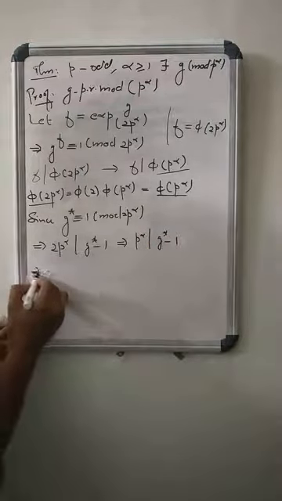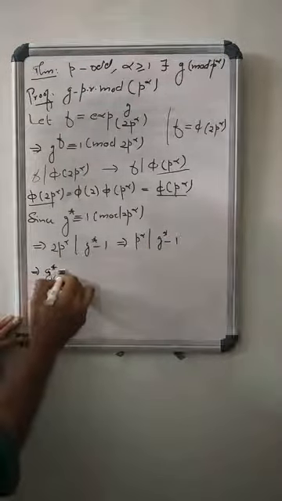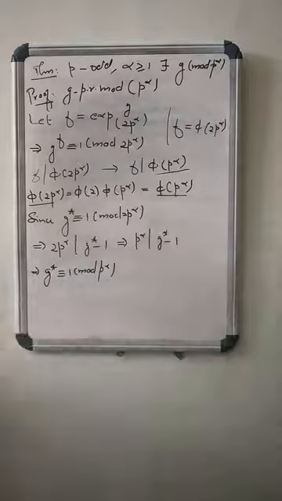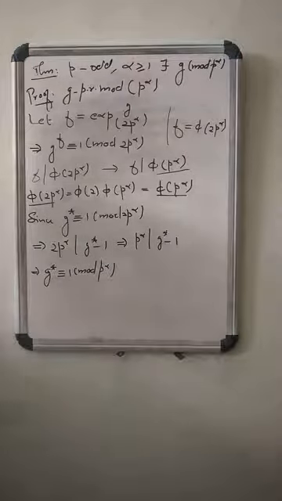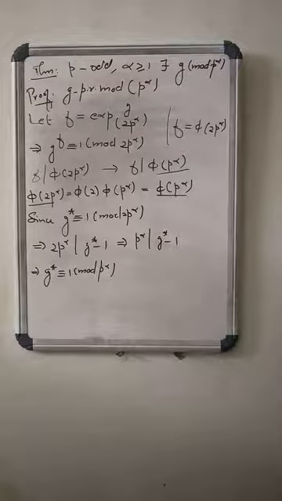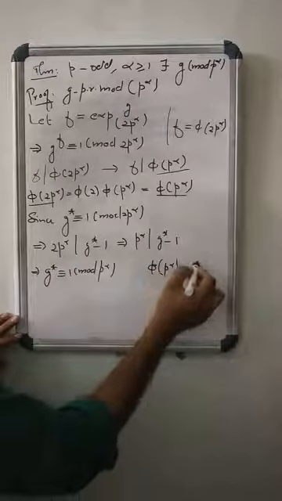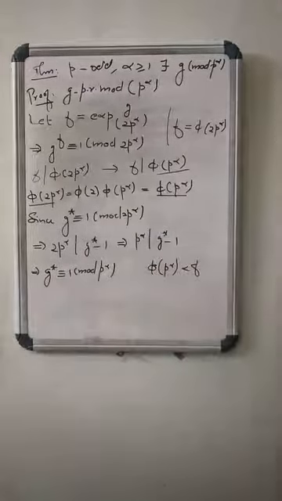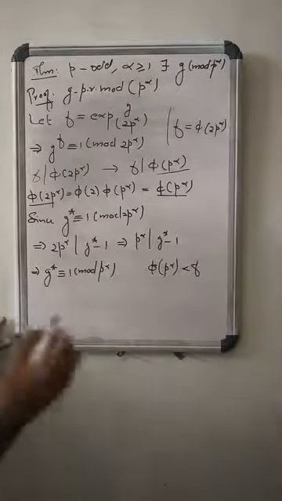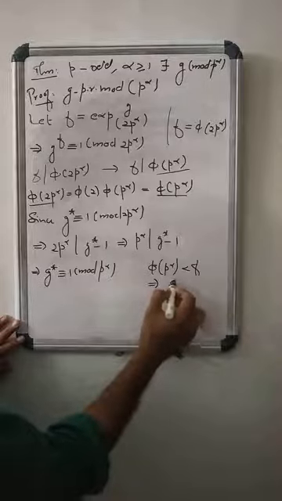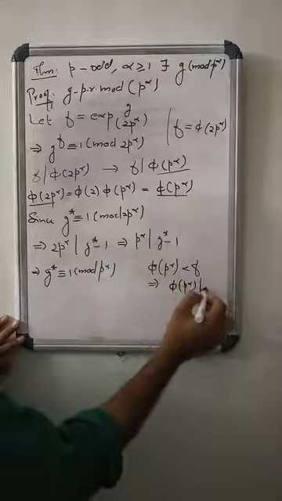That means g^f is congruent to 1 mod p^alpha. Since g is a primitive root mod p^alpha, we have phi of p^alpha less than or equal to f. Agreed? That means phi of p^alpha must divide f.